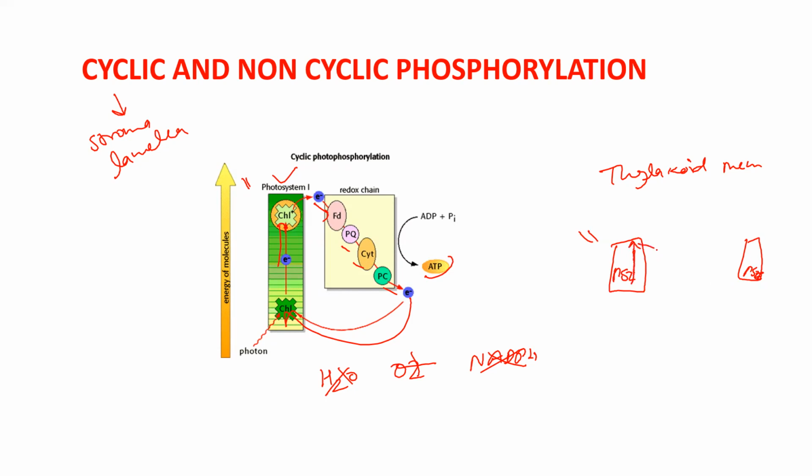Then it loses the energy, transfers to PQ, again loses the energy, transfers to cytochrome, then PC, and then goes to PS1 and again absorbs the light and jumps to the higher orbit. So here energy is going up, down, up. This forms a Z-like structure. This is called the Z scheme.